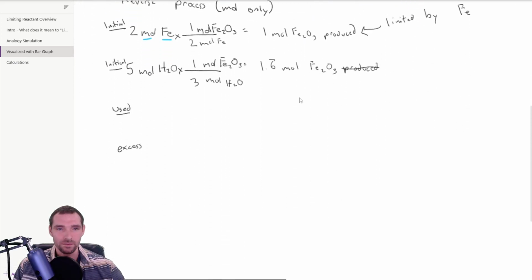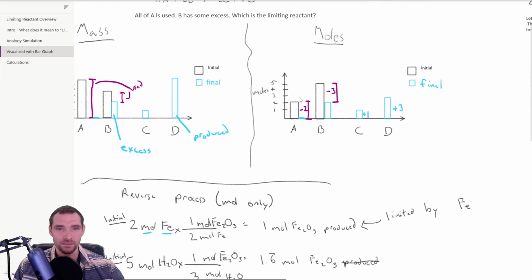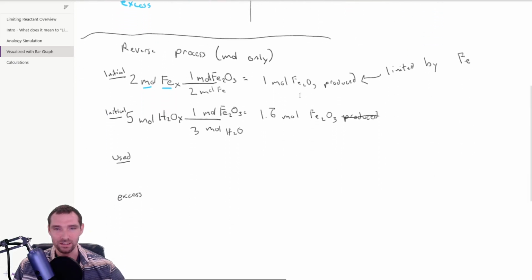Okay. And then, yeah, there's a million ways to go back and find these other numbers and see, okay, how much of this B do I actually have left over? You could say, okay, what if I had 0.6 mole of FeO3? So this is what's possible.